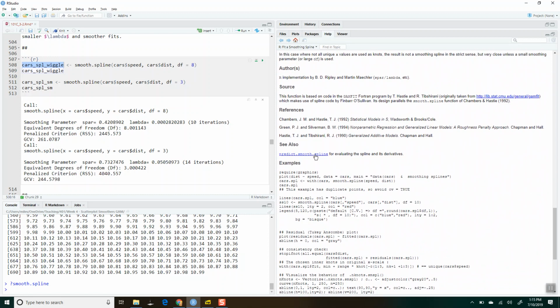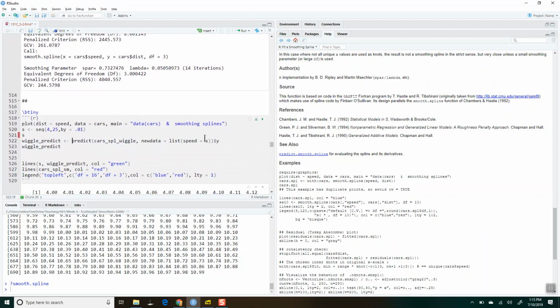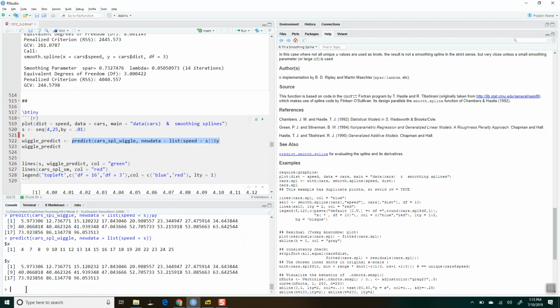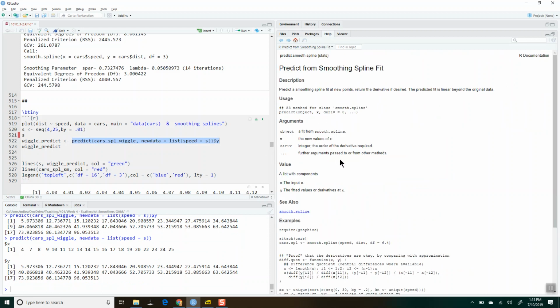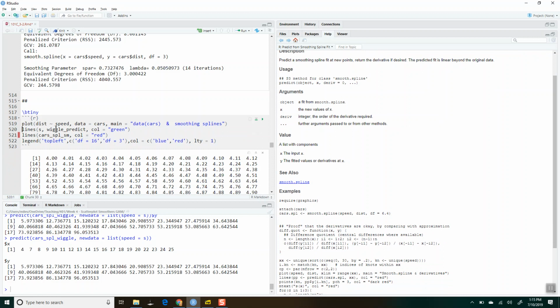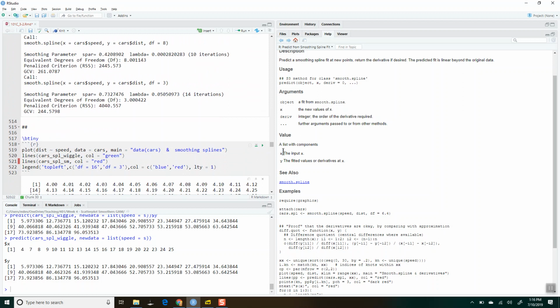Predict smooth spline. Okay, I'm sorry, this is not working. All right, I get it. Another day.